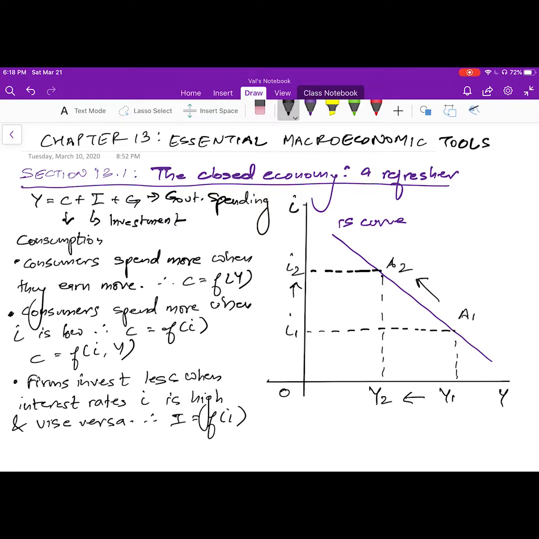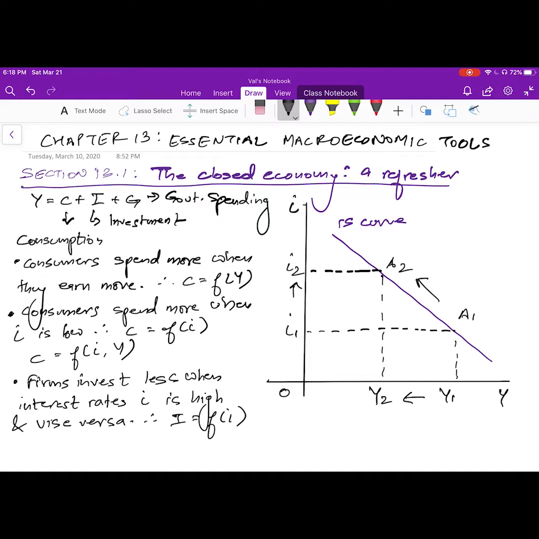Could we then say investment is also a function of output? Not necessarily. The only thing firms care about, at least from this course's perspective, is interest rates, because interest rate is a cost to them. The lower the interest rate, the more they're willing to invest. The higher the interest rate, the less they're willing to invest. They don't care about economic output. In fact, if anything, investment results in economic output, not the other way around. So that's something we should keep in mind.